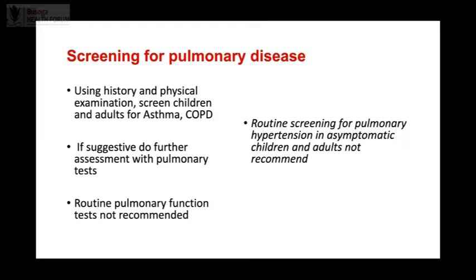But using history and physical examination, you can screen for children who have asthma or COPD or have adenoid hypertrophy. These are the people who have symptoms suggestive of a pulmonary disease. You go on to do pulmonary function tests, and then you refer to a pulmonologist.